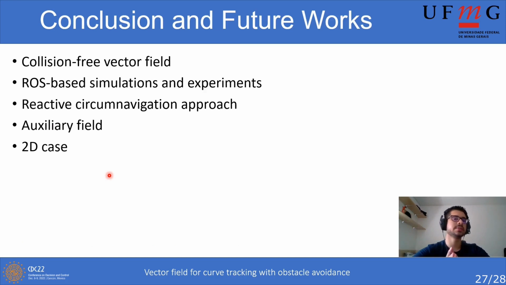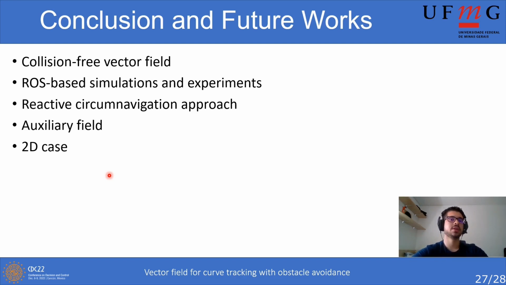To conclude, this work proposes a collision-free vector field, and we show ROS-based simulation and experiments to corroborate our theory. Our obstacle avoidance is a reactive circumnavigation approach.